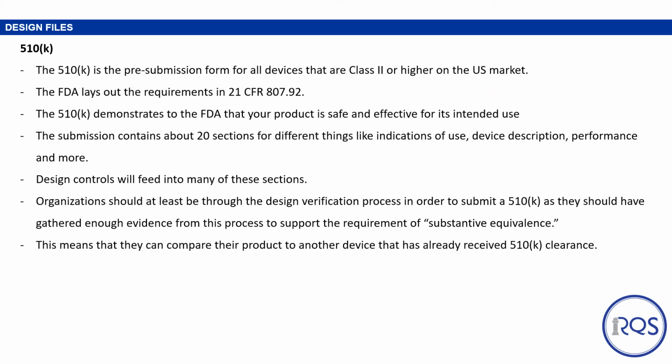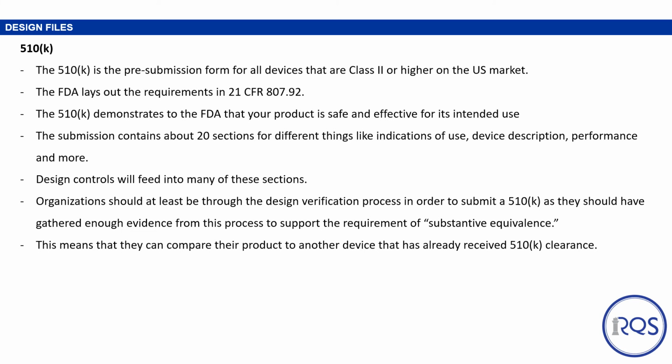The 510(k) is the pre-submission form for all devices that are Class 2 or higher on the U.S. market. The FDA lays out the requirements for the 510(k) in Part 807.92. The 510(k) demonstrates to the FDA that your product is safe and effective for its intended use. The submission contains about 20 different sections for things like indications for use, device description, performance, and more.